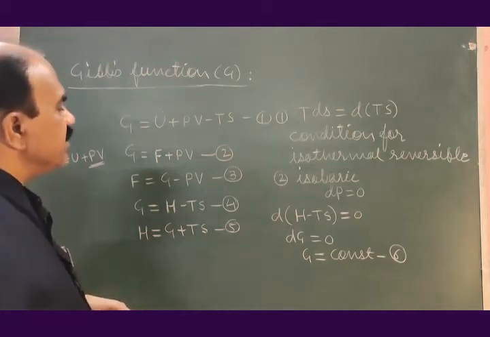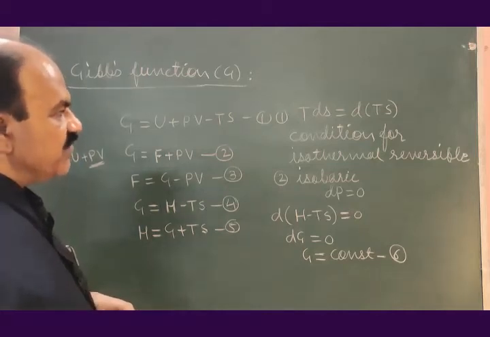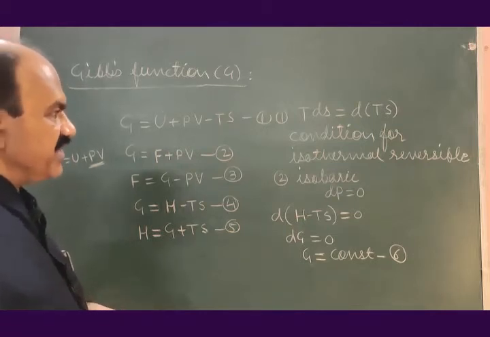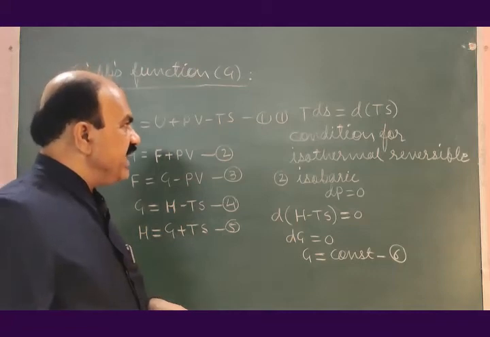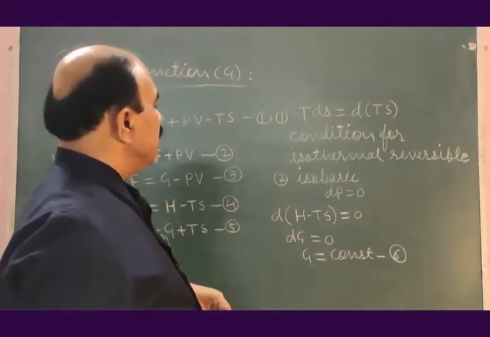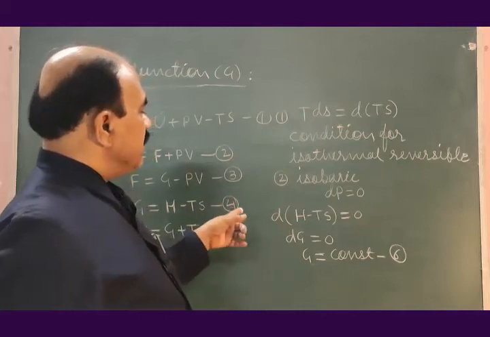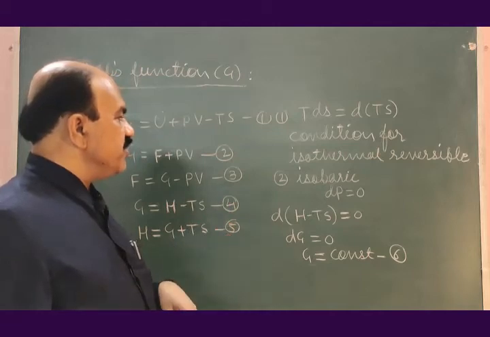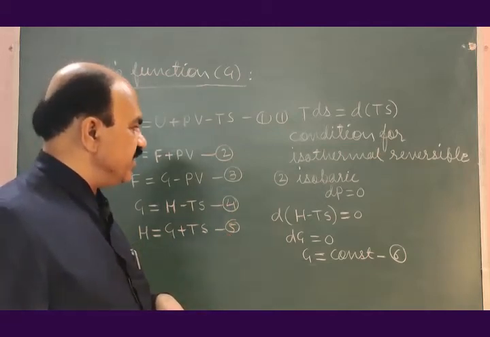What is meaning of this? G is equal to constant for isobaric isothermal reversible process, meaning that dG is equal to 0 or G is equal to constant.